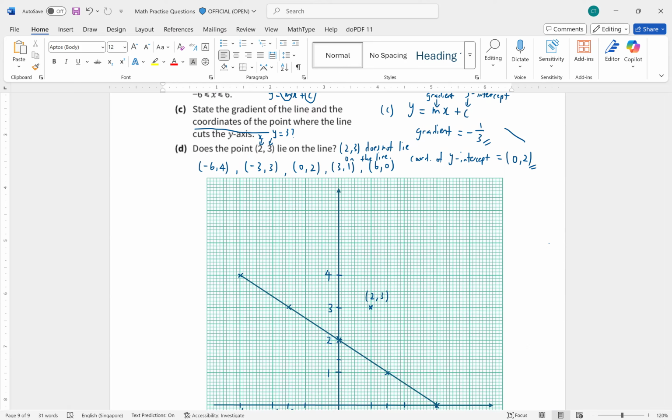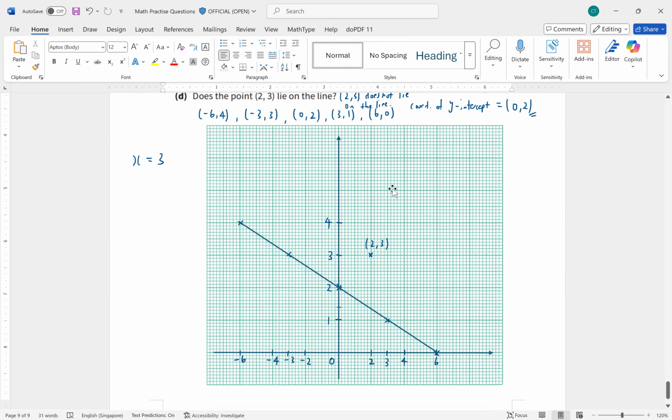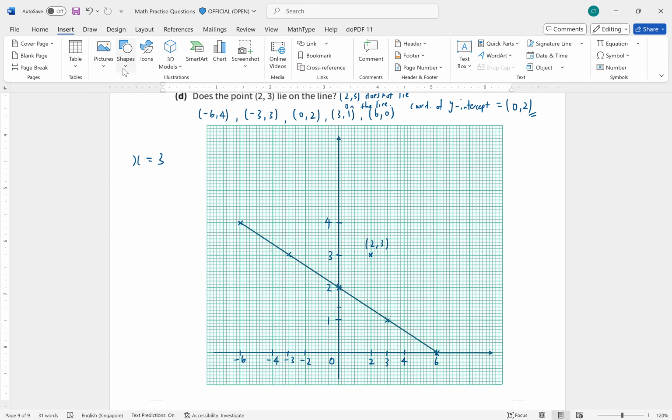Alright, so this is a graph question. Just to recap a bit, sometimes the question may ask you to draw lines such as x equals 3. Remember when they ask you to draw x equals 3, this line is a vertical line. It's a vertical line that passes through x equals 3, so it's going to be a line like that.